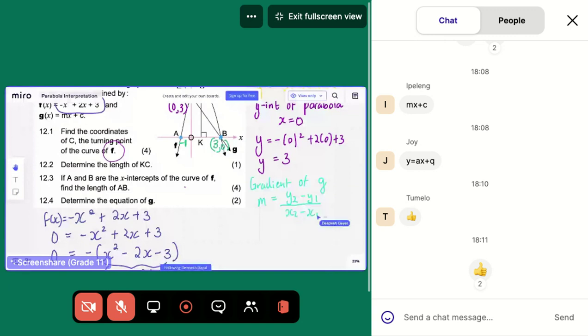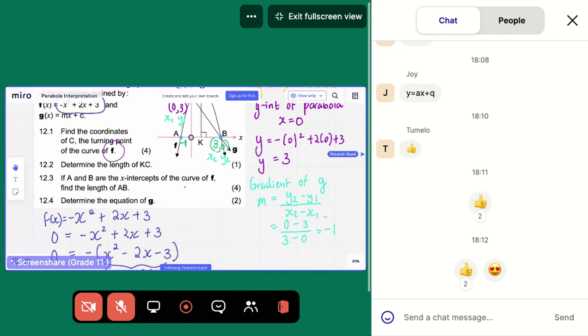We label here x1, y1, x2, and y2. So this will be 0 minus 3 over 3 minus 0, which is minus 1. So we got the gradient of the straight line being minus 1. Are you all happy with that? Everybody happy? Great.